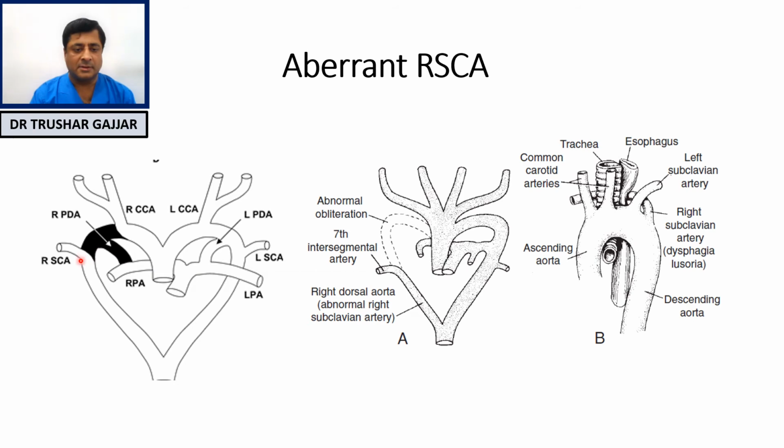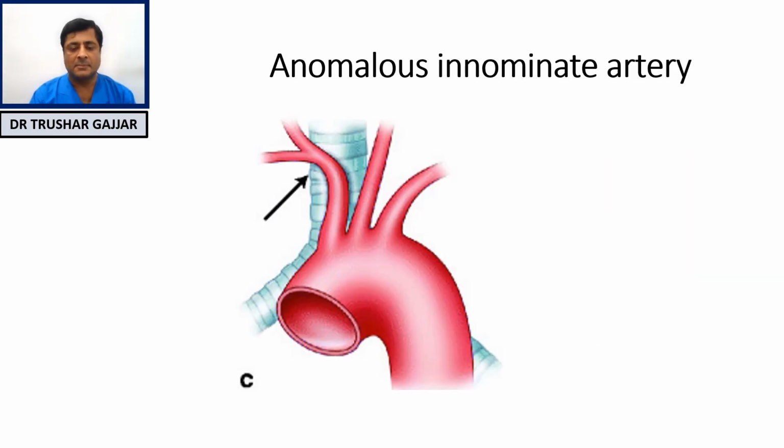Instead of disappearing distal to the seventh intersegmental artery, a portion disappears between the seventh intersegmental artery and the right common carotid artery. Sometimes the innominate artery is in an anomalous position, which will compress onto the trachea.